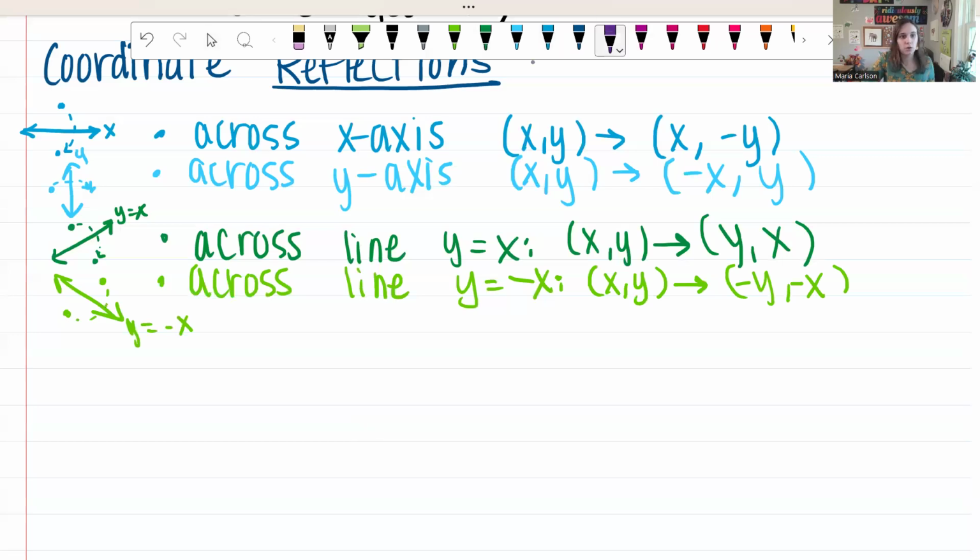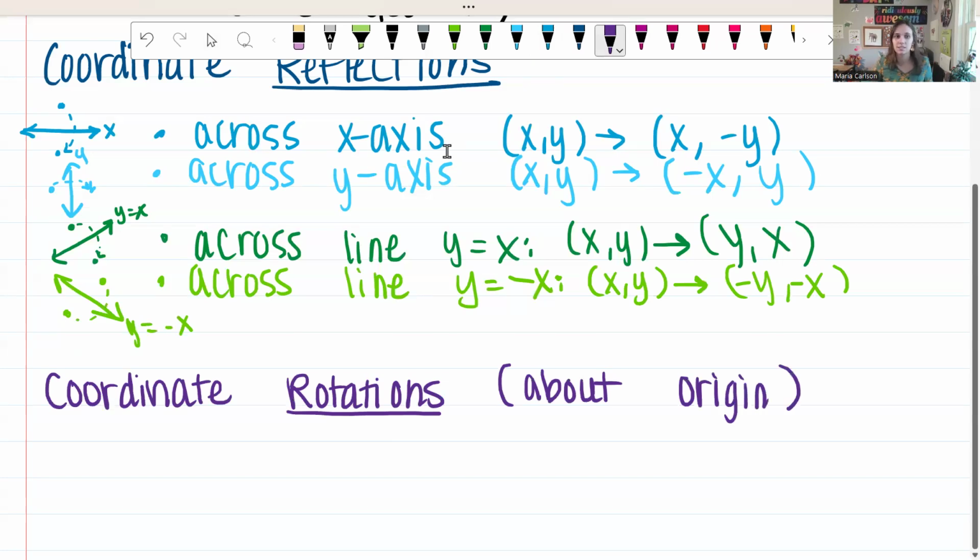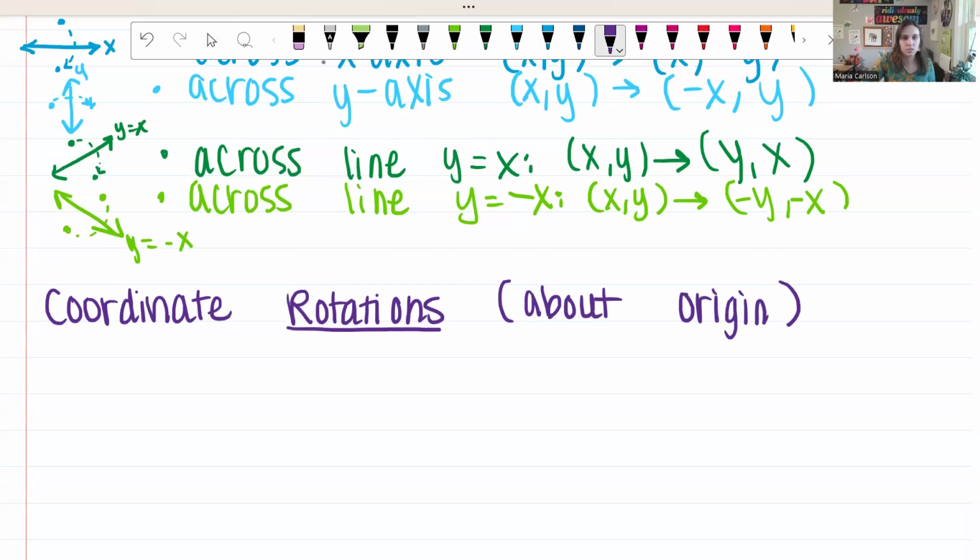Let's talk now about coordinate rotations. These rotations that we're describing are all about the origin, so that's important to note.